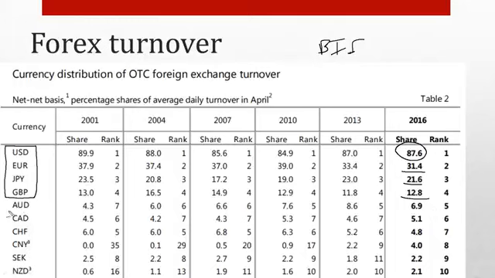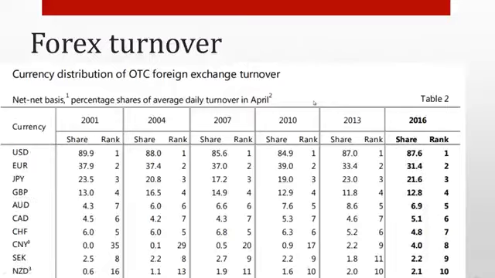And then you have the Aussie dollar, Canadian, Swiss franc, Chinese yuan, Swedish krona, and then New Zealand dollar. These are the top 10 currencies that have the largest share of the average daily turnover in the Forex market. But you can see that mainly it's just USD, Euro, Yen, and Pound.